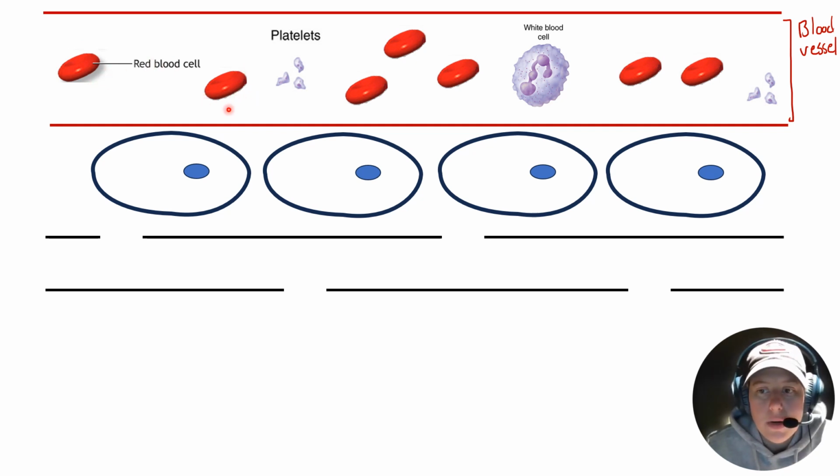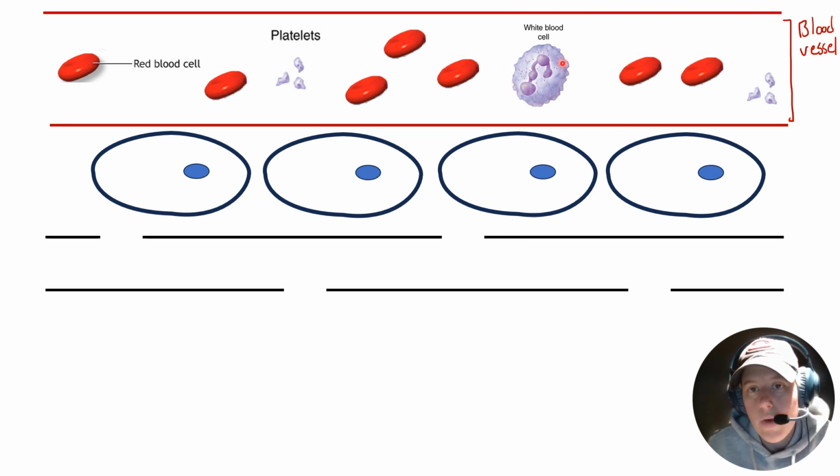Two, they have a donut-type shape, a biconcave disc, so a donut with a filled-in donut hole. And there's no nucleus, so they have a lifespan of 120 days. Then we have our platelets, which look like cell fragments. Again, they also don't have a nucleus, and they're much smaller. They're responsible for blood clotting.